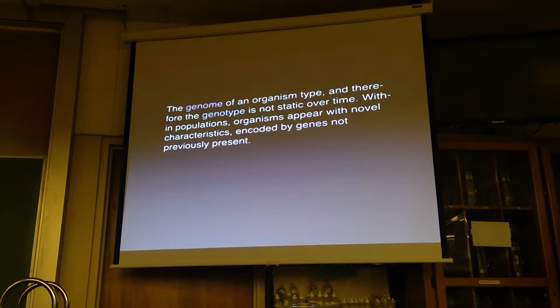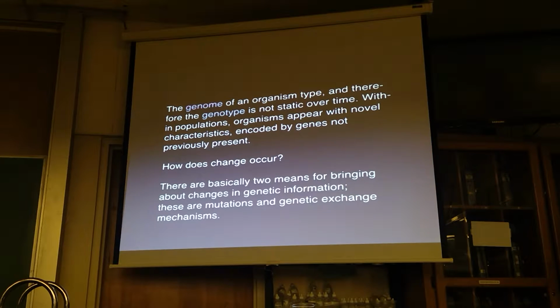These things are not absolutely static. The genome, consequently the genotype, can change over time, and we've looked at one way. One way change occurs, of course, is mutation. We just got through going through this section on mutation. Another way that the genome can change is through what's called genetic exchange or horizontal gene transfer.